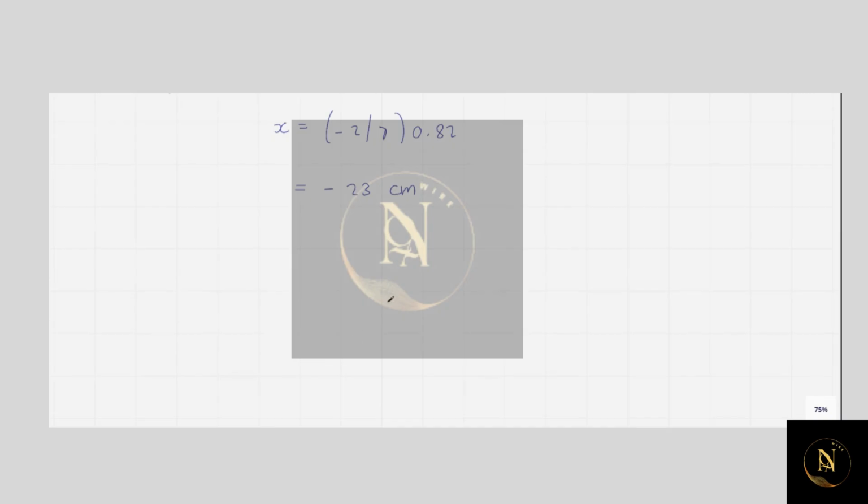It has moved off to the left while particle 2 has now returned to the origin. Particle 2 is now gaining at a rate of 10 over 7 meters per second leftward, and this is their relative velocity at the time. So the gap of 23 centimeters between them will be closed after an additional time, which we can calculate as follows.